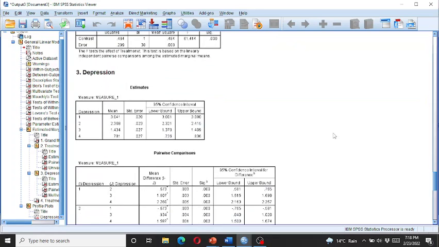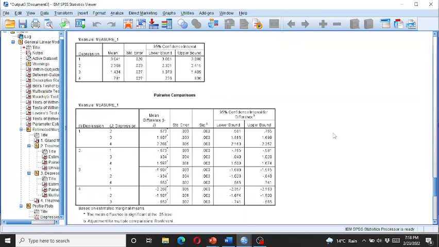This can be observed by looking at the mean differences between time 1 and time 2, time 1 and time 3, and time 1 and time 4. So here you can see that the change in the mean values from time 1 to time 4 is again significant and visible.